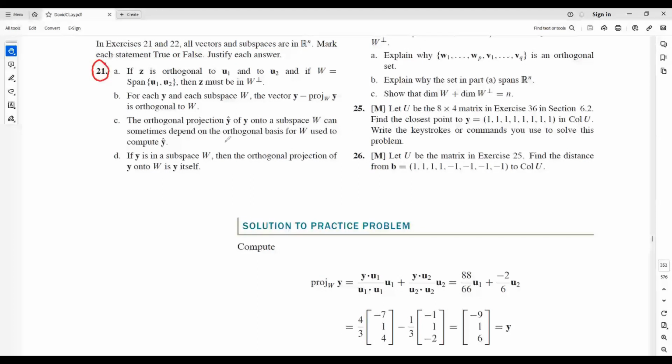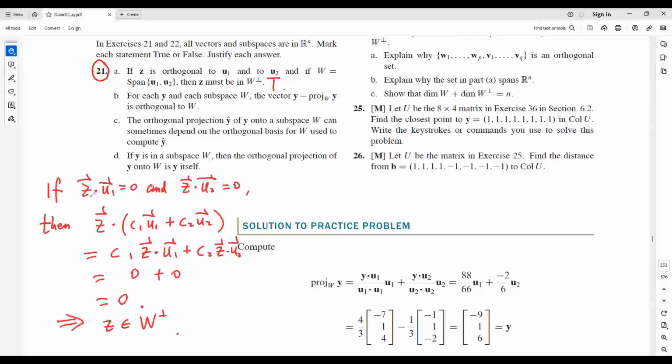Problem 21. A. If z is orthogonal to u1 and to u2, and if W equals span of u1, u2, then z must be in the orthogonal space of W. True. If z dot u1 equals 0 and z dot u2 equals 0, then z dot the linear combination of u1 and u2 is 0.